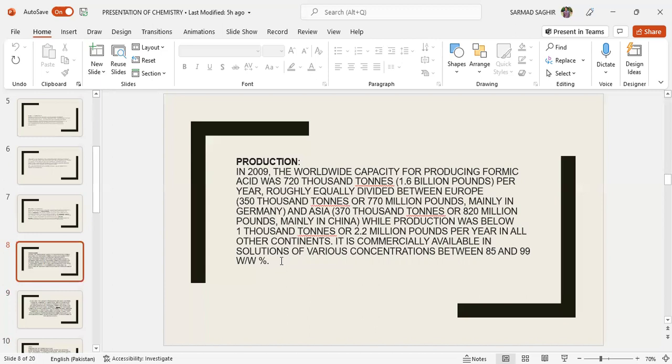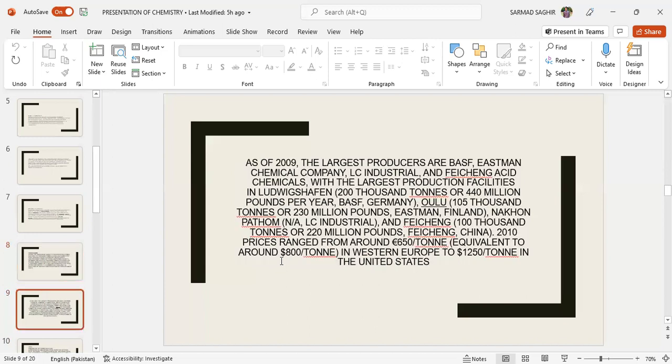It is commercially available in solutions of various concentrations between 85 and 99% by weight.